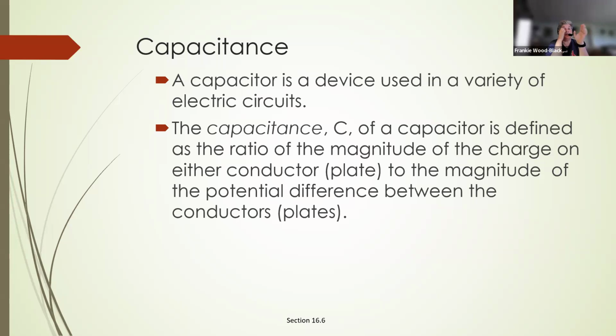Some cell phones have that little whistle too. Your phone is filled with capacitors. Most of your flashlight functions, your camera flash, all of those are controlled by a capacitor.